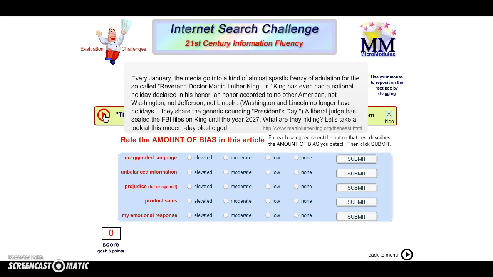The first question is asking us to look for exaggerated language. After reading through the first sentence, "every January, the media go into a kind of almost spastic frenzy of adulation for the so-called Reverend Dr. Martin Luther King Jr.", as we identify the exaggerated language in this sentence, this phrase, "almost spastic frenzy of adulation," seems to me to have an elevated amount of exaggerated language.